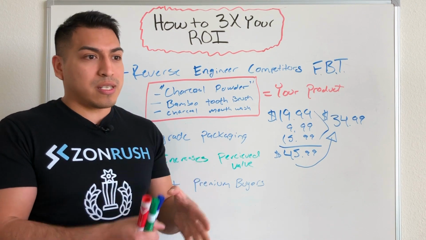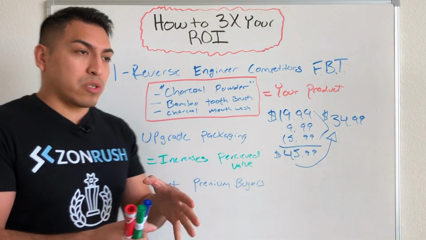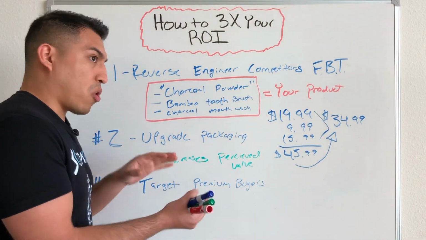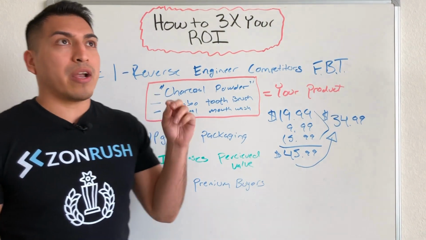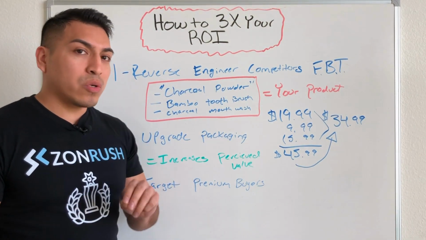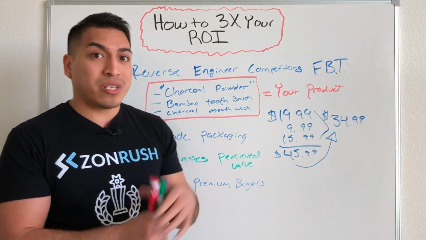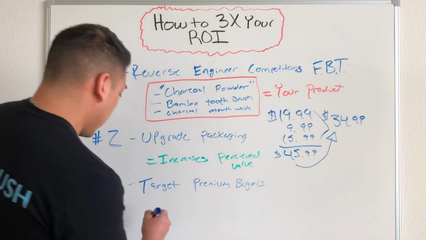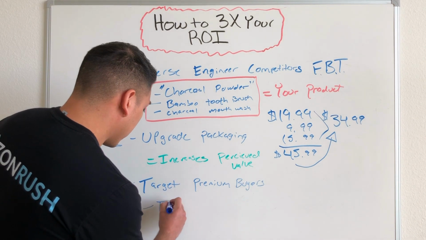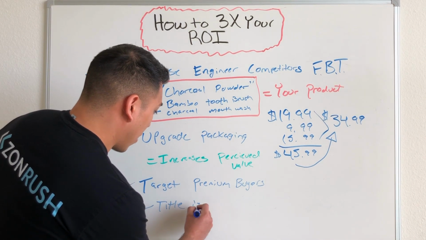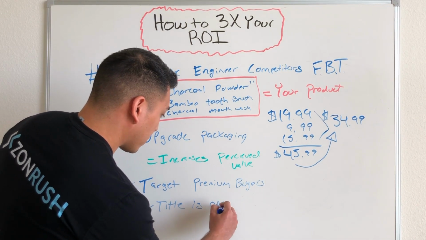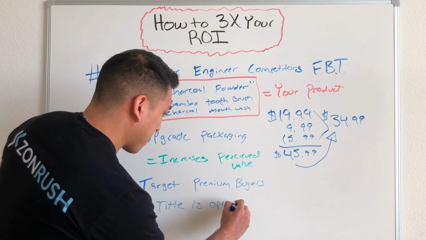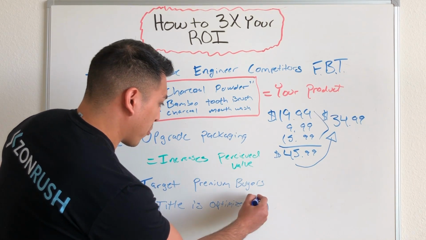Absolutely. So as you can see, if you're able to come to the market with your premium buyer in mind, you can include that verbiage in your title. So your title is optimized for your premium buyer.